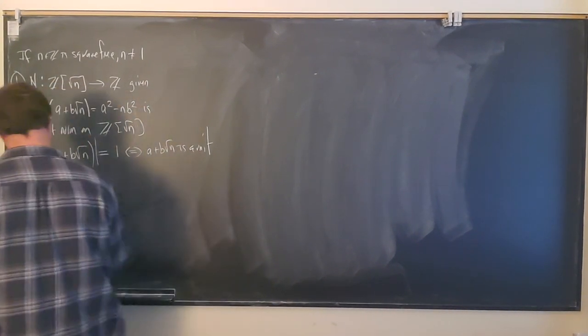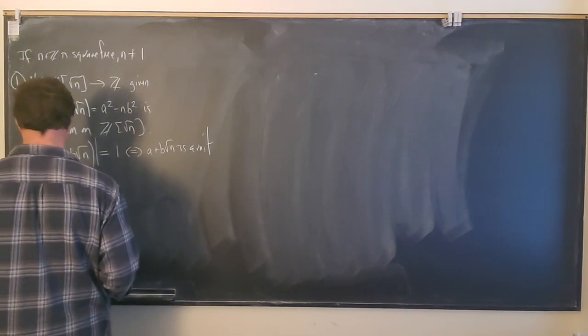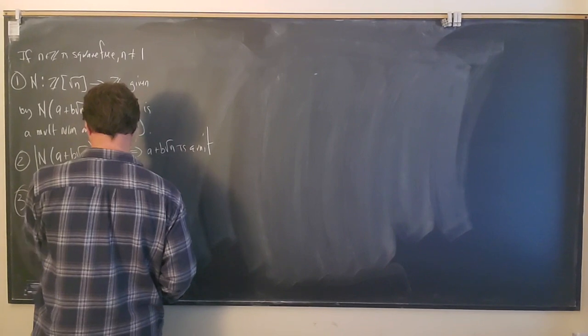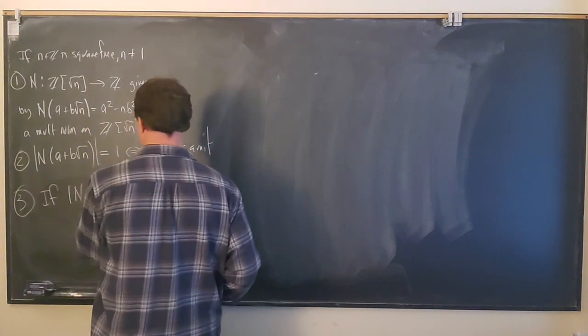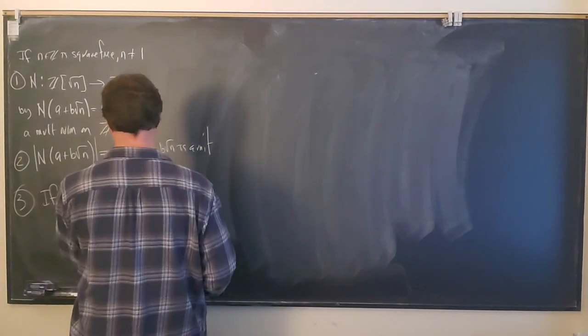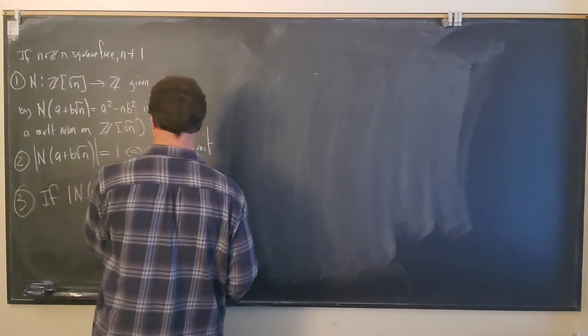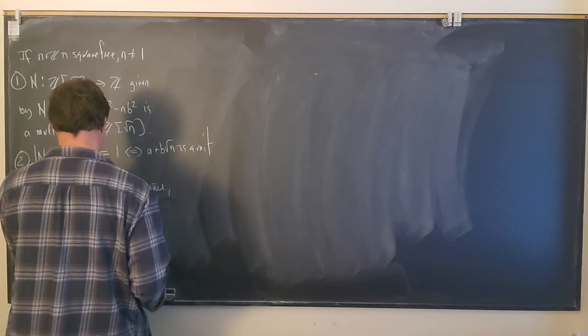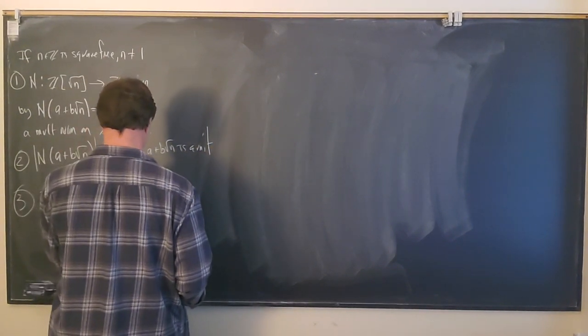But when it goes in the opposite direction, you have this consequence: if the absolute value of the norm of a plus b root n is prime, then a plus b root n is irreducible.